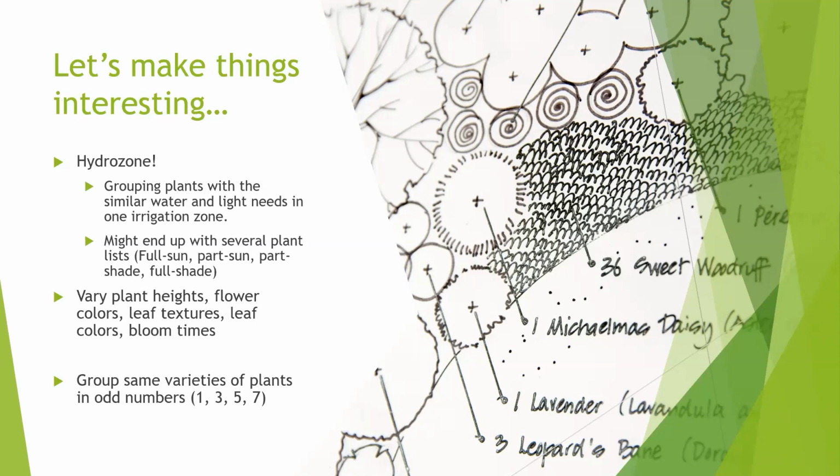You're going to want to look for varying plant heights, different leaf colors, different flower colors, different textures on your leaf, like I talked about before. We have plants that have really large leaves that look really soft, and then plants that look prickly or have a really fine texture. And it's fun to play off of that texture.